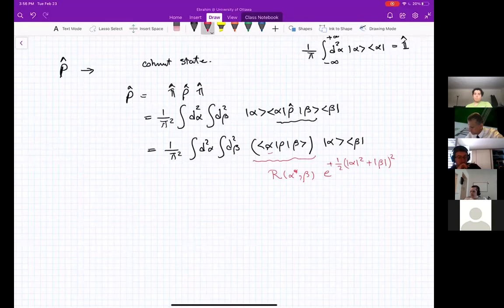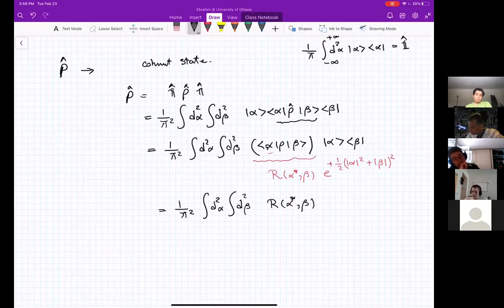Okay, so then he defined a new function, which we will discuss, was 1 divided by pi squared, integral of d alpha, integral of d beta, and then he had r alpha star and beta, e to the power of minus 1/2 of alpha squared plus beta squared, of alpha and beta.